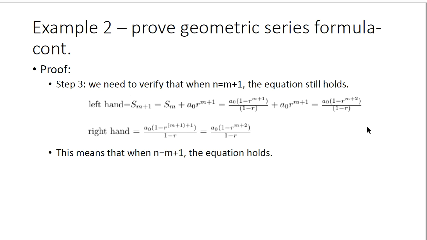The denominator is the same, which means it's clear the left hand side equals the right hand side. This means that the equation holds when n equals m plus 1.